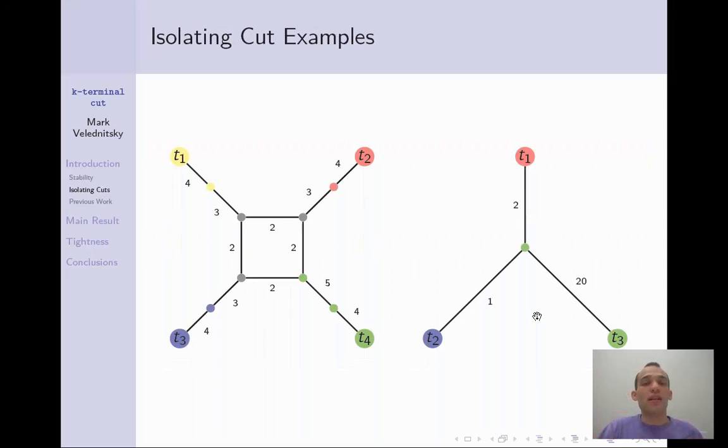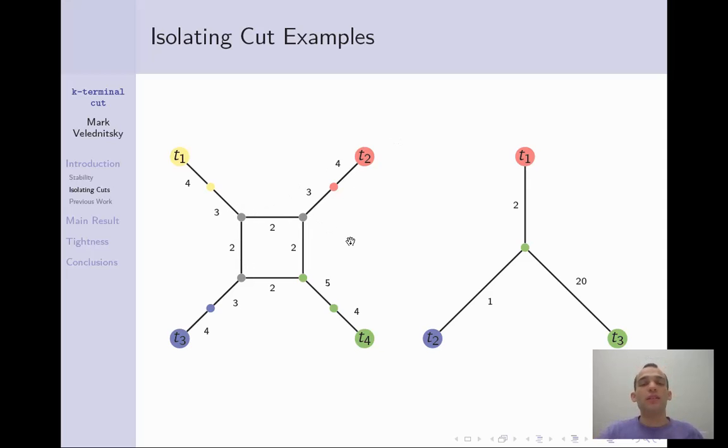So just to illustrate this for you, if we take a look at the examples we were looking at earlier, and we color the vertices according to which ones are in the source sets of the corresponding isolating cuts, you see that indeed the isolating cuts give us sort of a partial solution to the k-terminal cut problem. Now we don't have any information about some of the vertices.